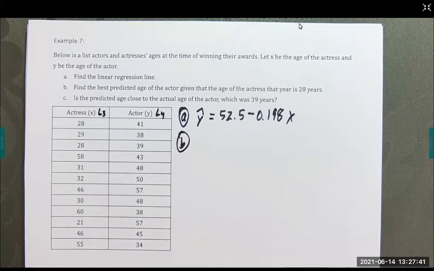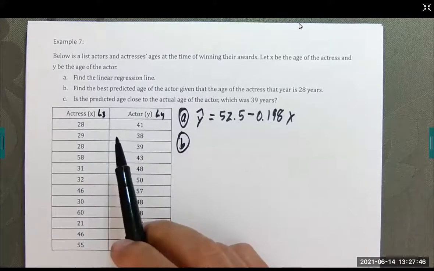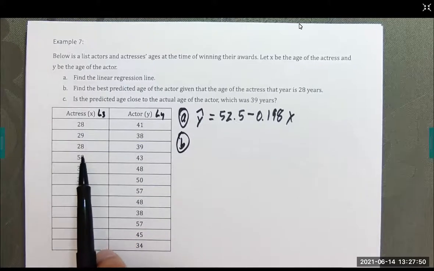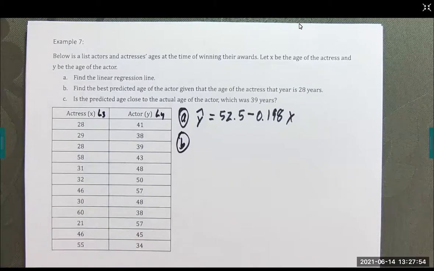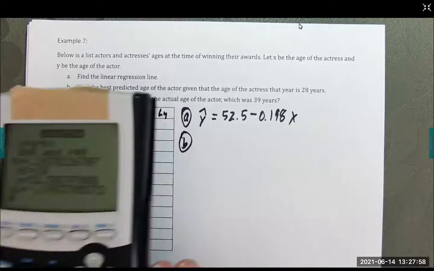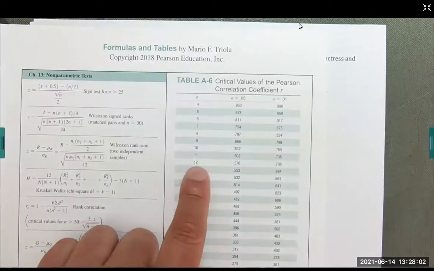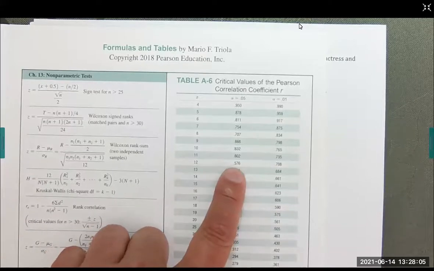So let's see if there's a linear correlation. Now did they give us a count of how many? No. So 1, 2, 3, 4, 5, 6, 7, 8, 9, 10, 11, 12. And it's 12. Now they don't give us an alpha, so we'll use 0.05. So n is 12, 0.05, that's 0.576.